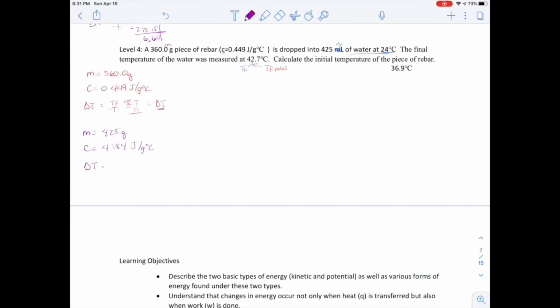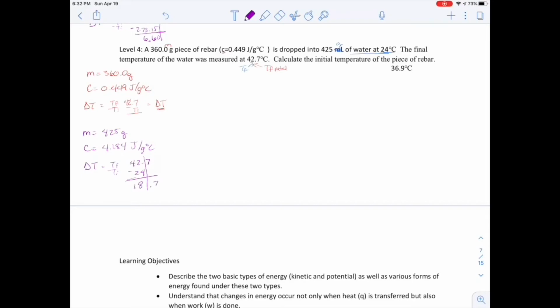Since you're working these on your own ahead of time, I'm pretty sure you will have all of these numbers ready. Make sure you've got the correct final and initial values for your temperature. Remember that the 42.7, they both come to that temperature. I want to point out something going on right here. When we do this subtraction, it is going to turn out to only have 2 sig figs.